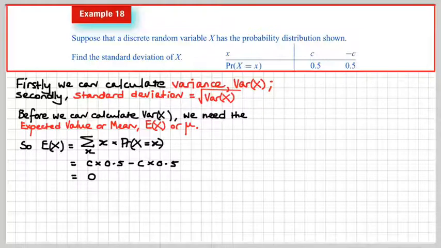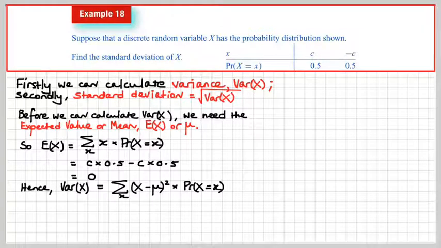That's the average value of x, if you like. The expected value just means the average. Now, the variance of x is the sum of (x minus mu) all squared times the respective probabilities. So now we can actually work that out.